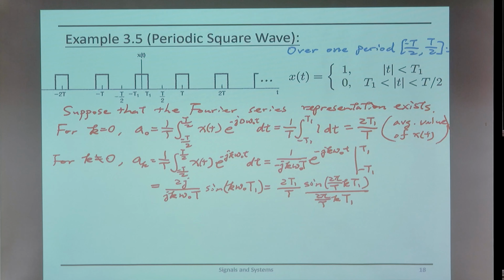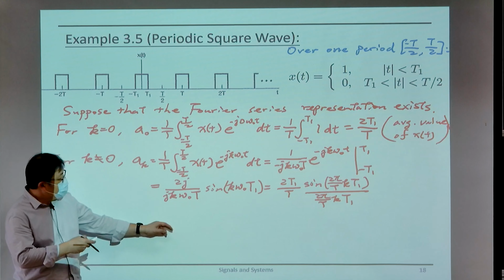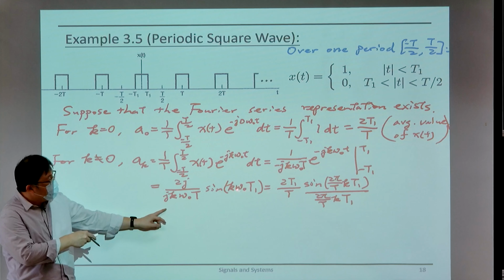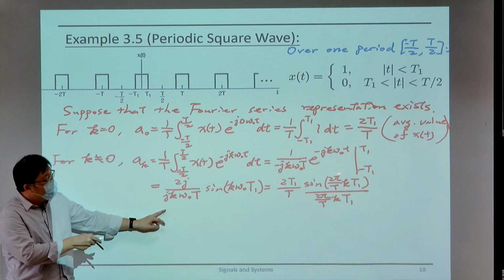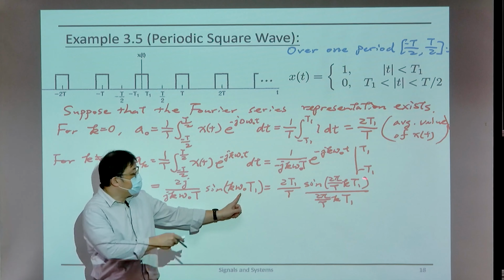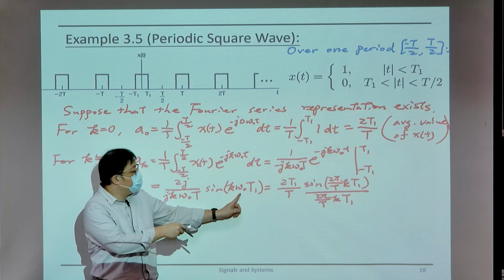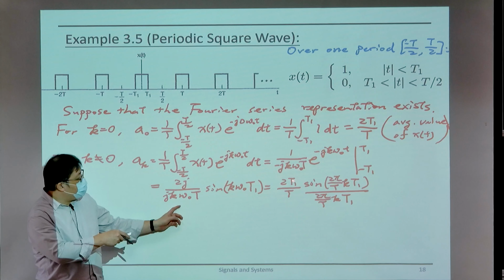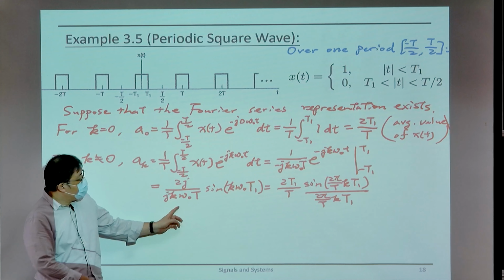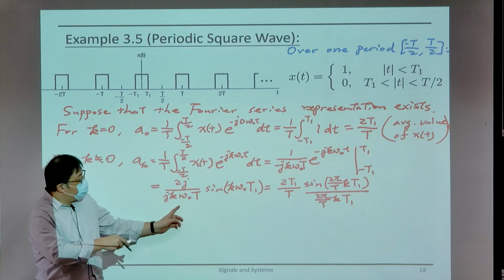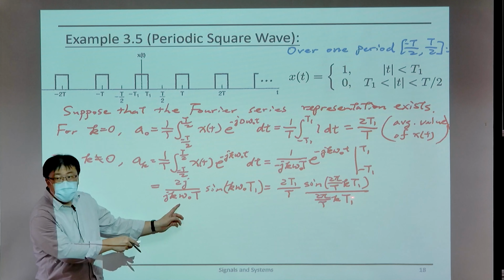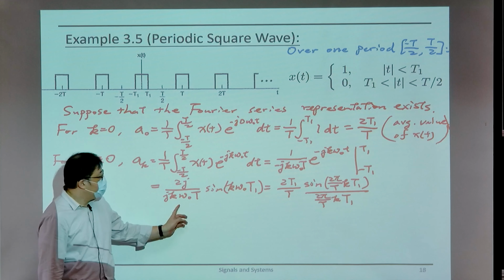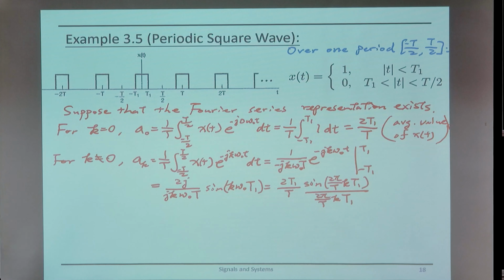What I'm doing here is just rewriting the terms. First of all, I'm substituting omega naught with 2 pi over capital T, which is the definition of omega naught, the fundamental frequency. And here the j cancels out. I add a t1 here, and therefore I have a t1 here, so that they cancel out.